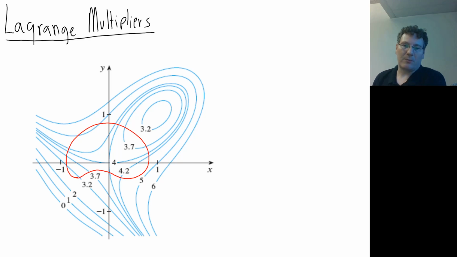Okay. So now here's the thing that you want to realize. Maximum and minimum values are going to occur when you look at the level curves. Here I'm going to extend this level curve out.